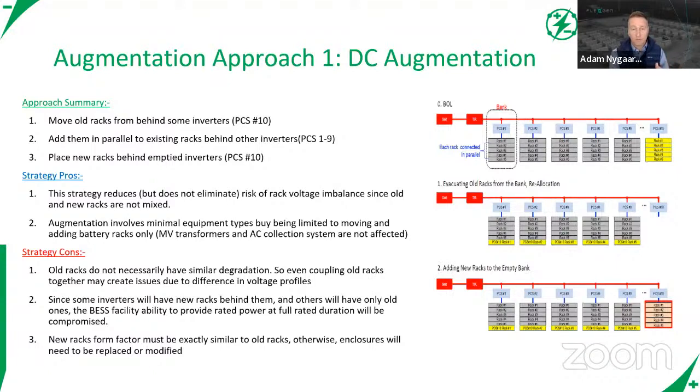From a forecasting standpoint, especially in a merchant market, I'd recommend maybe an Ascend Analytics or a Customized Energy Solutions, who are the experts on pricing different nodes to help you develop your battery usage profile to maximize revenue wherever you're placing that battery, whether it's CAISO or ERCOT in the United States or elsewhere.